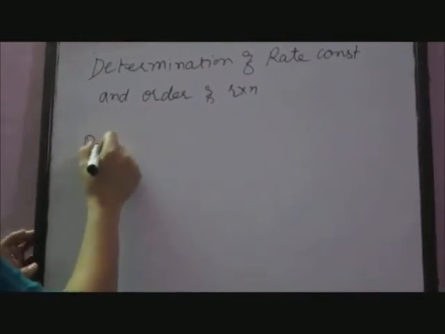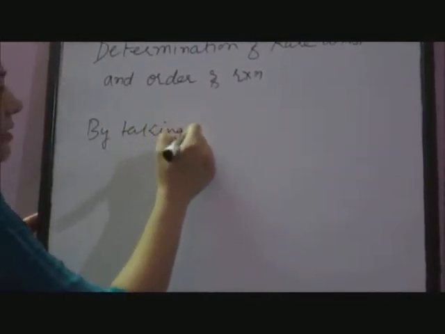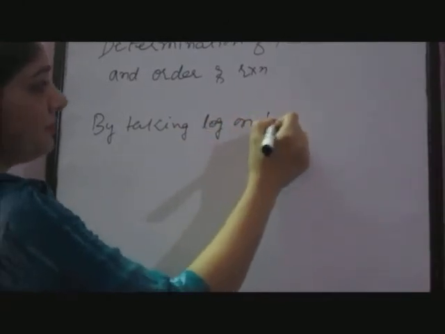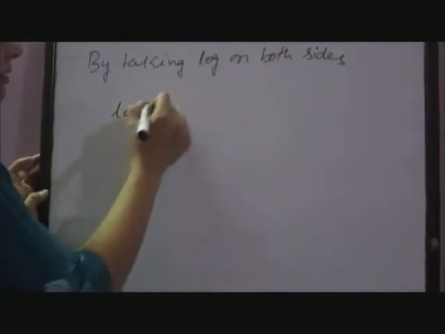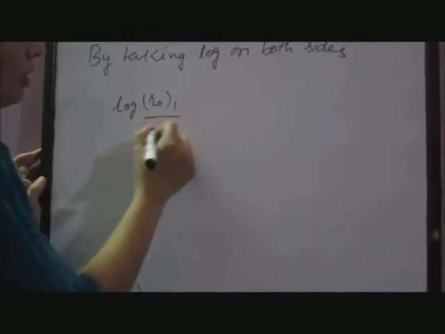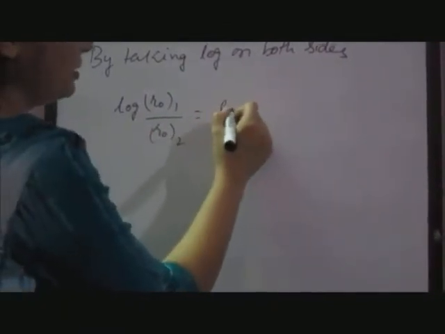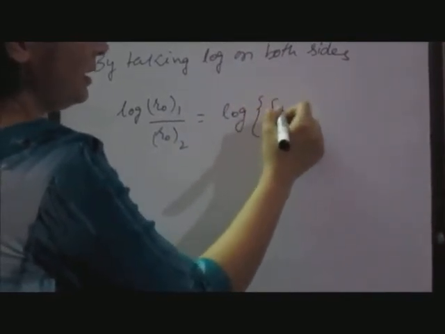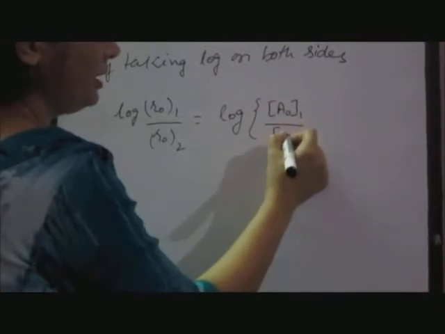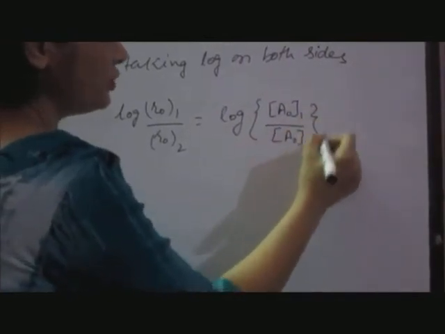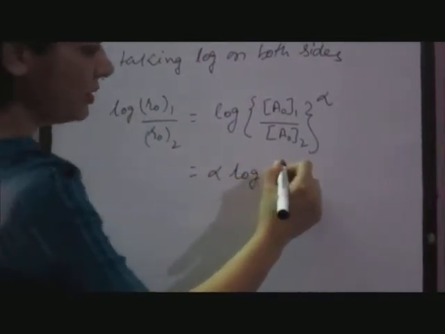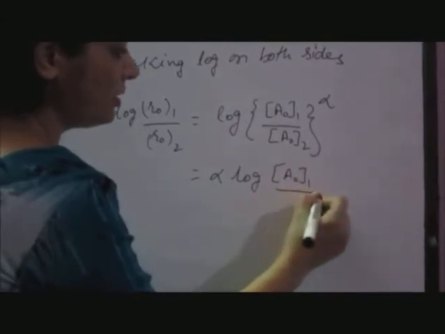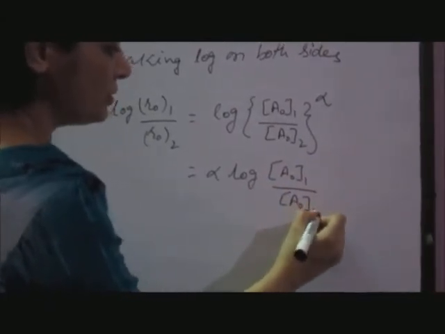By taking log on both sides, we get log R0,1 upon R0,2 is equal to log ([A]0,1 upon [A]0,2) raised to power alpha, or alpha log [A]0,1 upon [A]0,2.